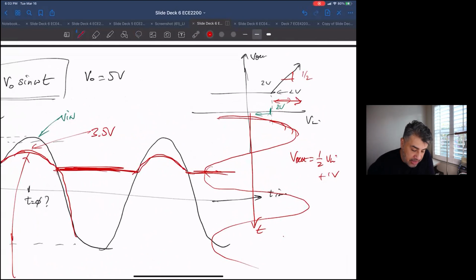So this part above here is the graph of V in minus V out. And below here, it's really a whole other graph. It's time versus Vn.